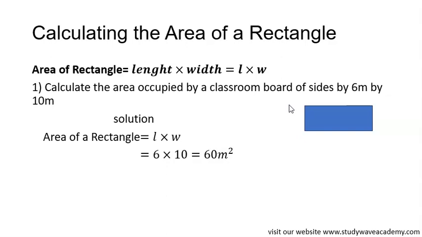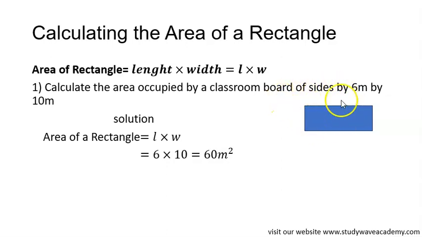Good. So we're going to be looking at some examples to help us understand better. Calculate the area occupied by a classroom board of size 6 meters by 10 meters. You know, a classroom board is like a rectangle, right? It's a rectangle shape. Okay, so we are looking for the area, the amount of space this board occupies, okay? The length is 6 meters and the width is 10 meters. We have to calculate the area it occupies.